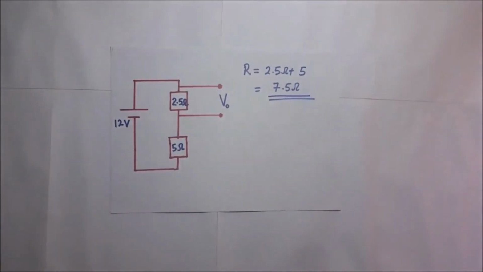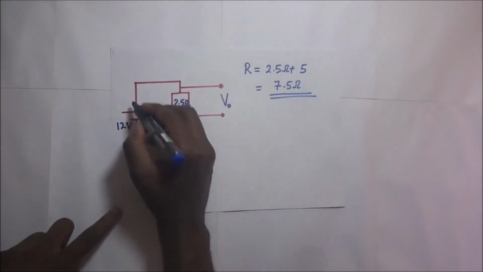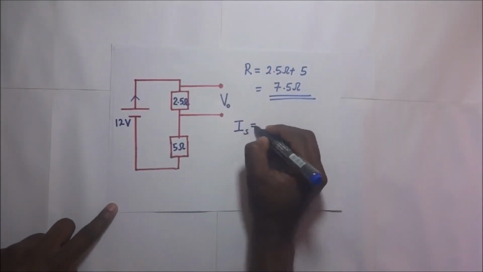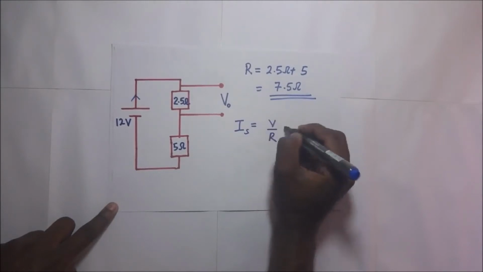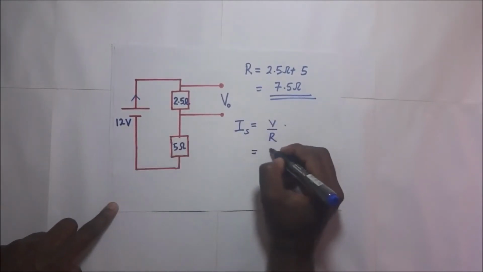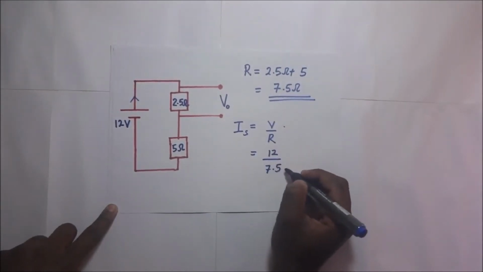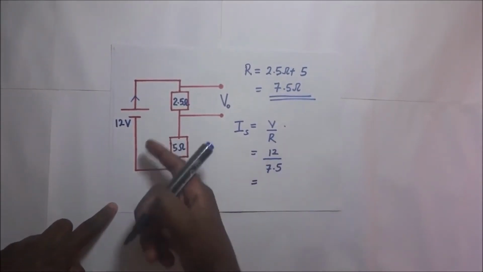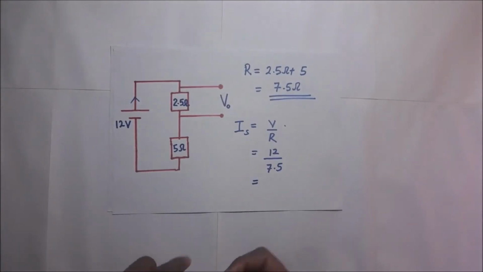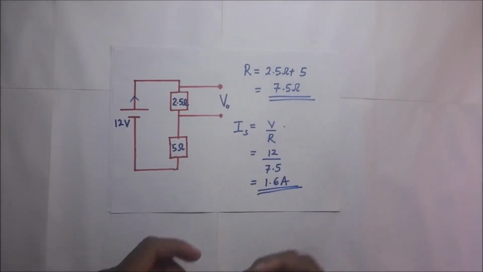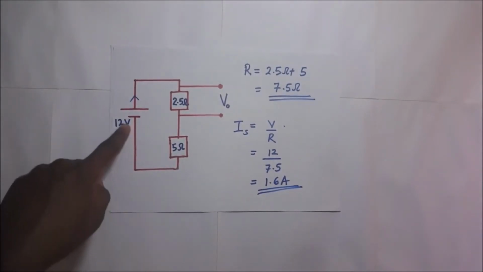So 7.5 ohms is the effective resistance in this whole circuit. The current flowing is equal to V over the effective resistance. Our V is 12, divided by 7.5, and therefore the current flowing through this circuit is 1.6 amperes.